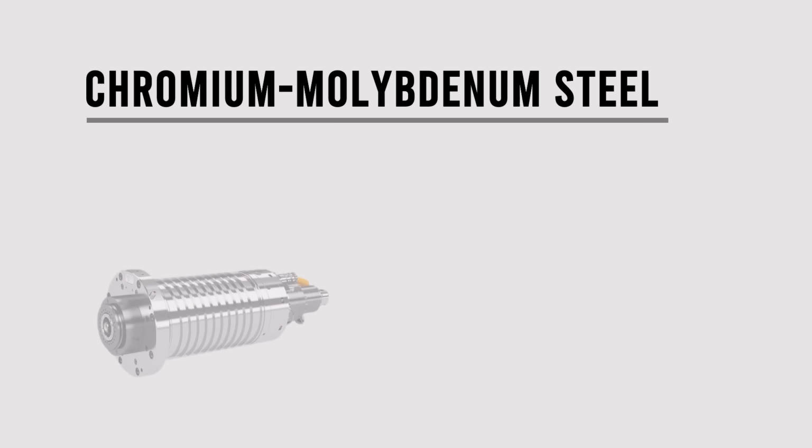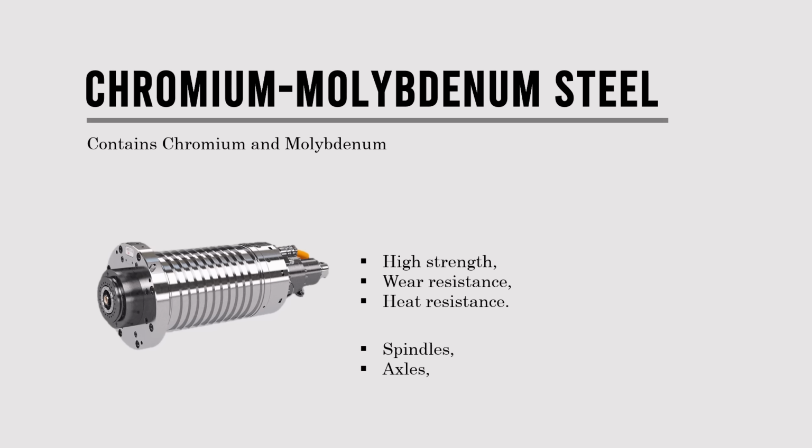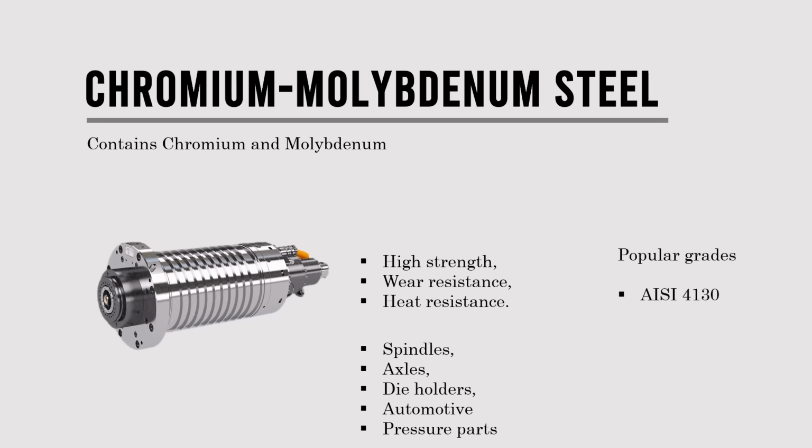And then chromium molybdenum steel. Contains chromium and molybdenum, providing high strength, wear resistance, and heat resistance, used in spindles, axles, die holders, automobile, and pressurized parts. Popular grades are AISI 4130, 4140, 4340.